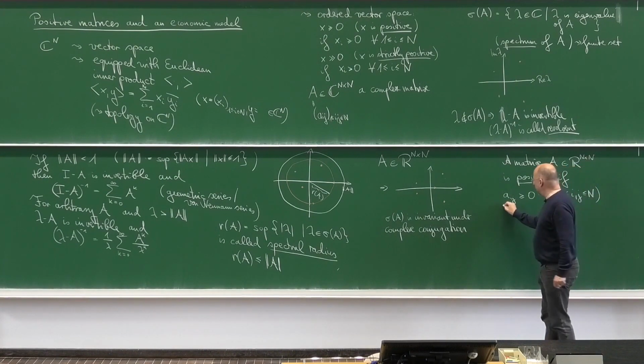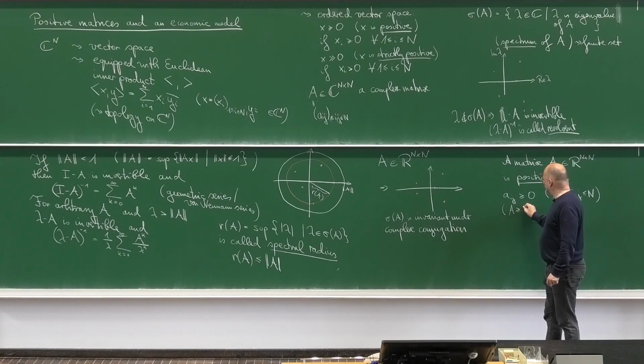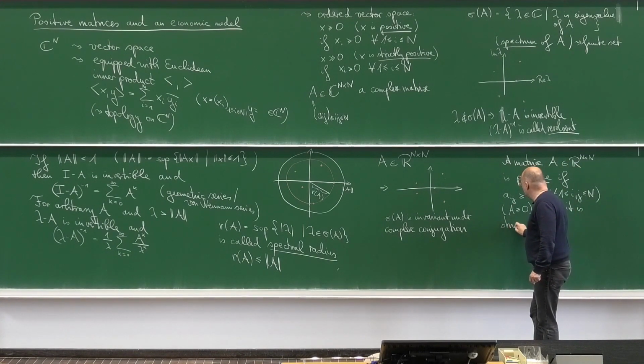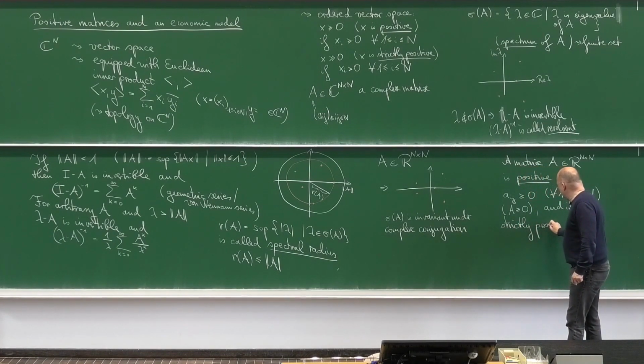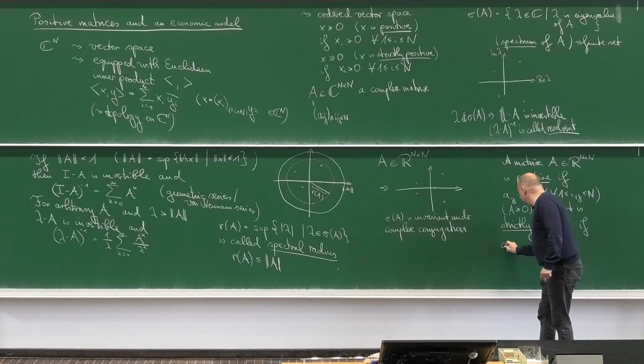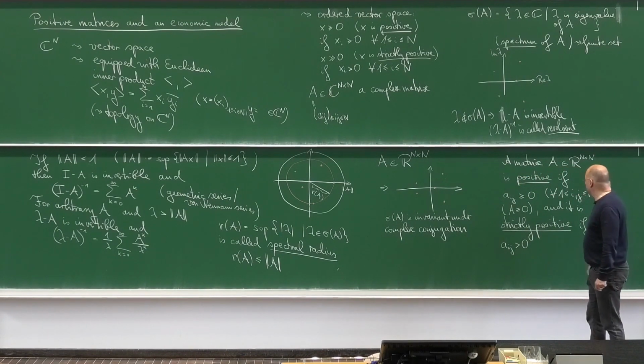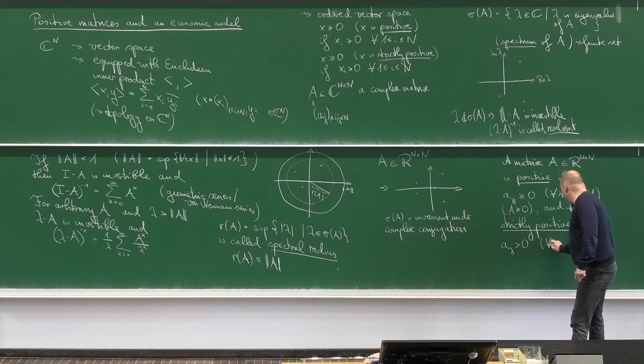And in this case, we write A is greater or equal to 0, and it is strictly positive if all entries are really greater than 0, all entries.